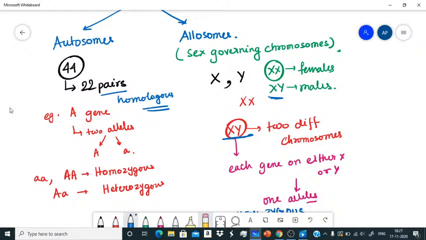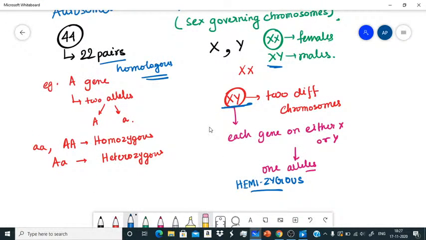This situation of having only one allele to represent one gene is known as the hemizygous condition. So this is what we discussed so far about chromosomes. This is the idea of hemizygous condition. Now are we clear? Are we good to go?